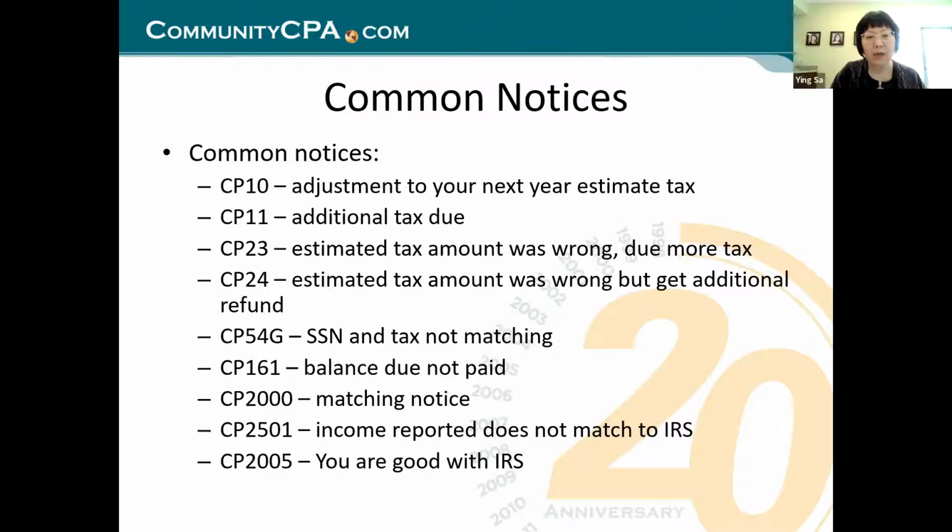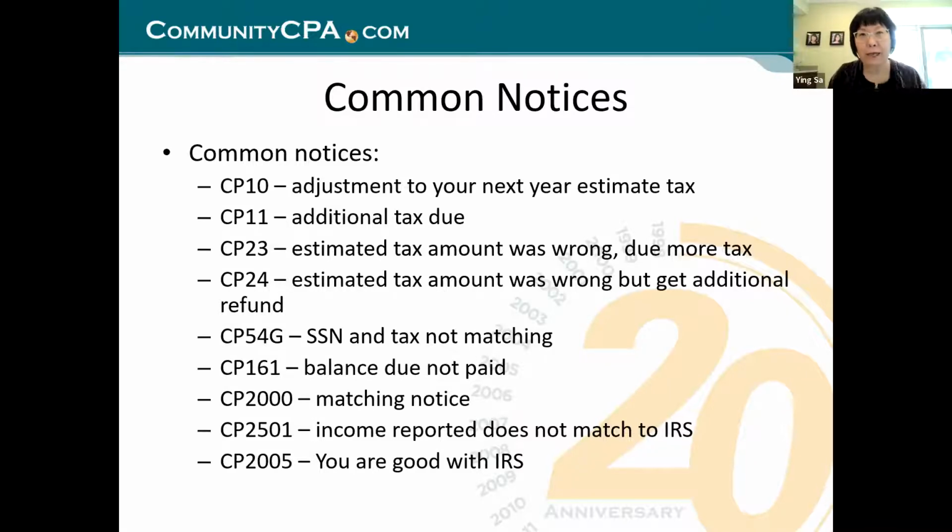And the CP161, balance due not paid. You had a balance due, you're not paying, so you should be expecting that 161. CP2000, we talked about that on Saturday, didn't we? We talked about how that is machine generated, how they match the third party data with your data. And if you put in a wrong number, the third party says you made $100,000, but you put in $10,000, then the CP2000 will come out.